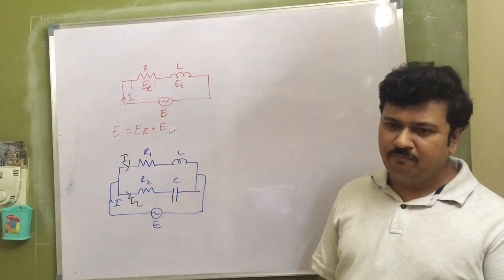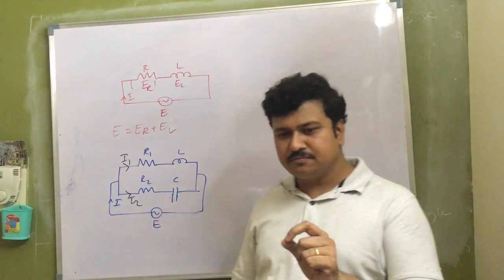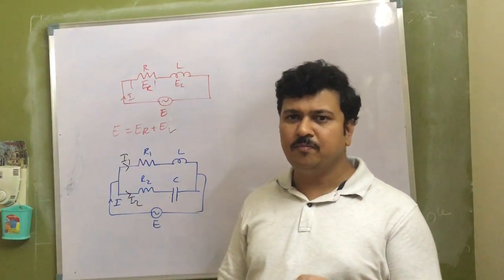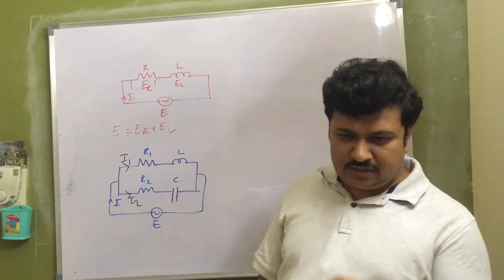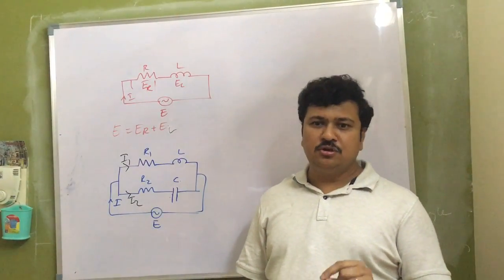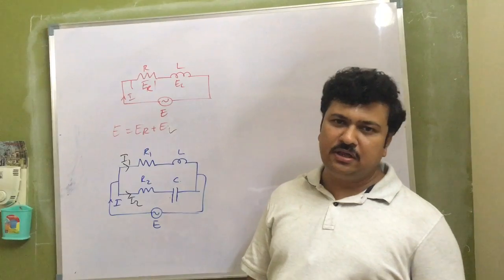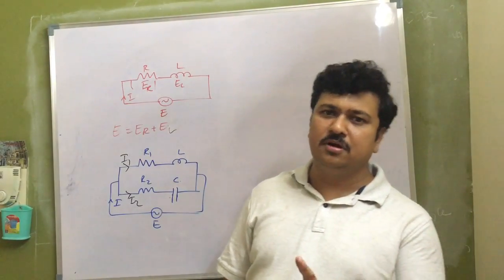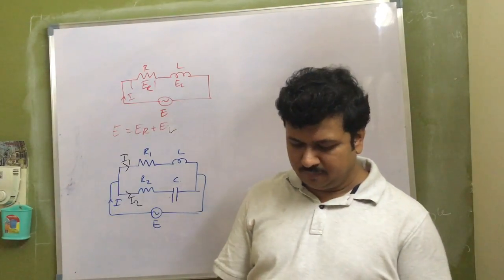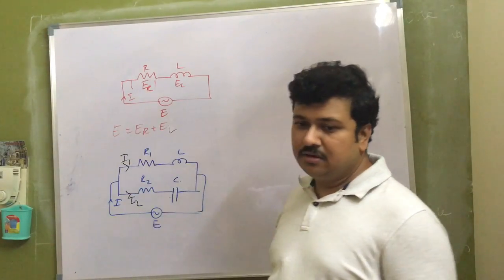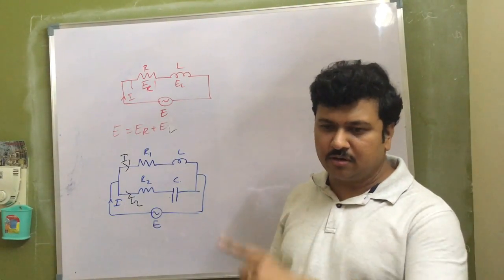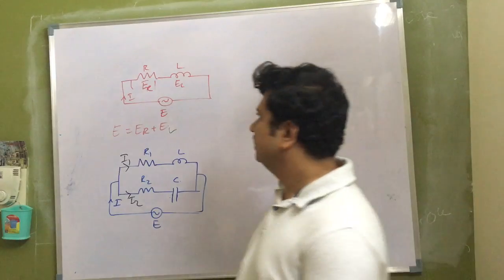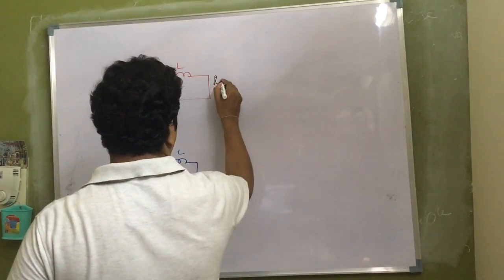Getting my point? The reference vector in any electric circuit should represent that quantity which remains common in all the components. In a series circuit, current remains common in all the components, hence the reference vector is current.